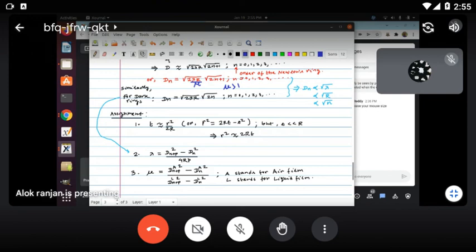Got it? By using this principle, as I said, you can calculate the refractive index of any transparent medium where one can observe the Newton rings, and measure the refractive index of that medium.